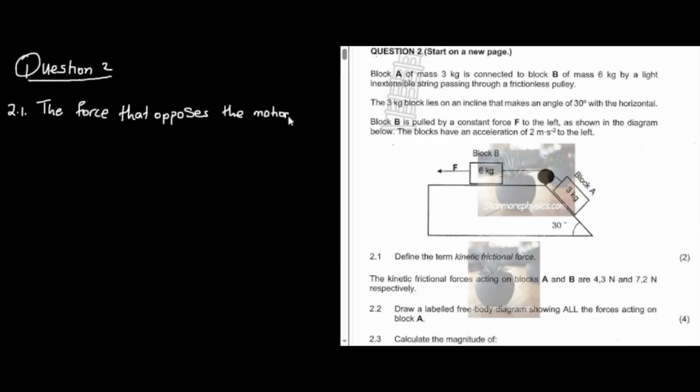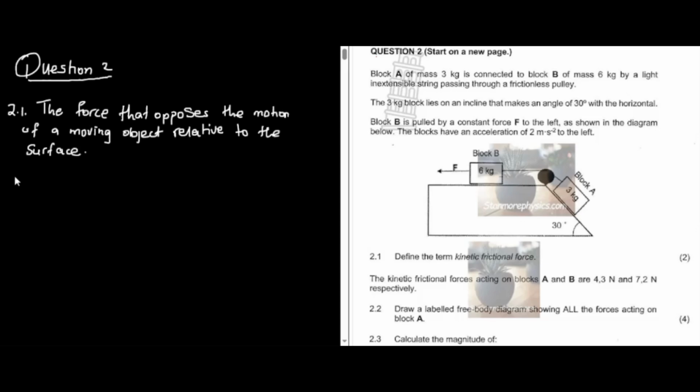You can also consult your exam guideline on the definition. The motion of a moving object. So in order for an object to have kinetic friction, the object needs to move. A moving object with what? With relative motion to the surface. And if you give them this definition, you'll definitely get those 2 marks.